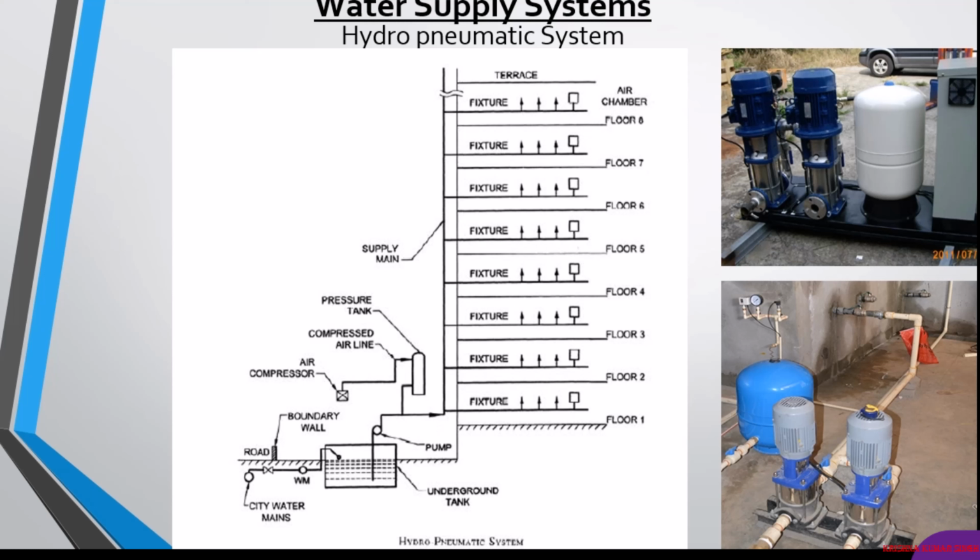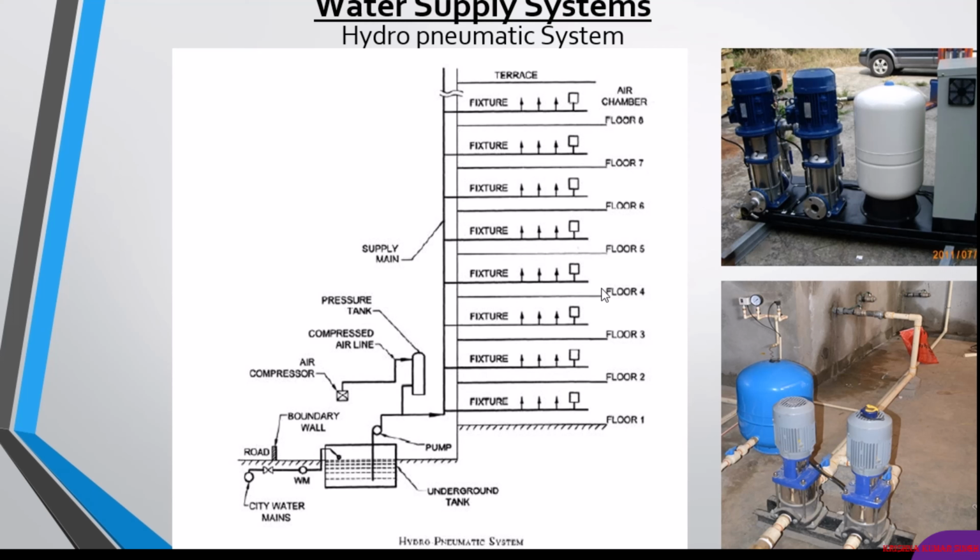So this system helps in peak demand. In this image we have only one pump, but in most cases we have more than one pump. Like here, this is the actual image of a hydro-pneumatic system. In that building, let's suppose this pump is supplying the water.